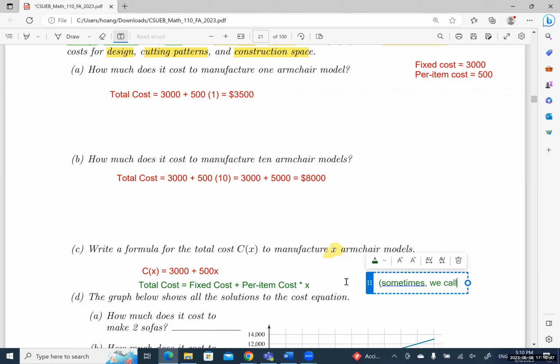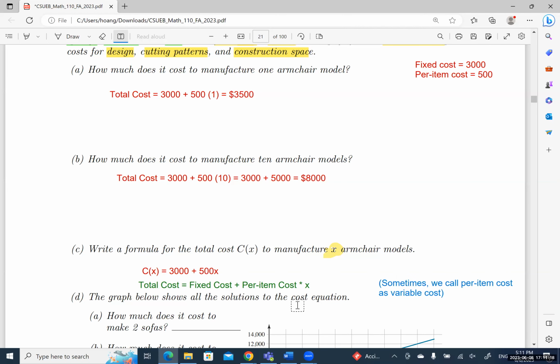The reason is this cost changes with the number of items, so we call it variable cost. Okay.